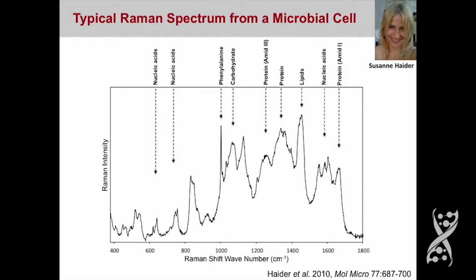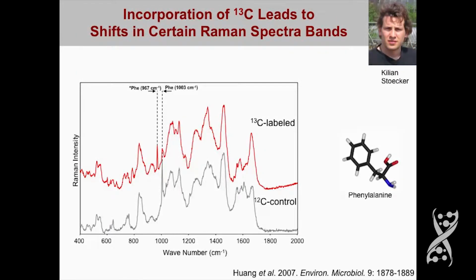But of course, a more complex molecule will be assigned to multiple peaks, like nucleic acids and proteins, for example. But certain complex ring structures will have only one really sharp peak, like the phenyl ring of the phenylalanine amino acid, or, for example, cytochromes, that you can really easily detect in a spectrum.